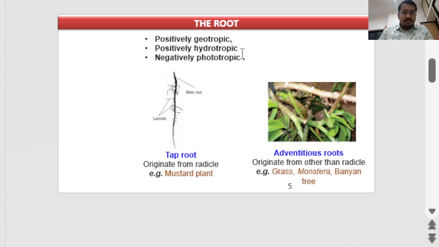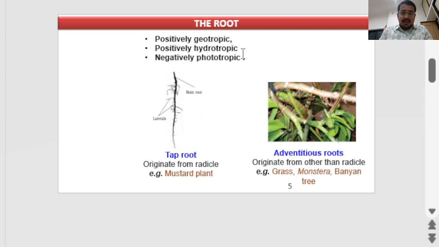When we talk about the roots, roots are always showing their movement towards the water. Whenever the movement term is present, it is represented by the term tropic or tropism. And as they are showing their movement towards the water, these are known as hydrotropic actions.